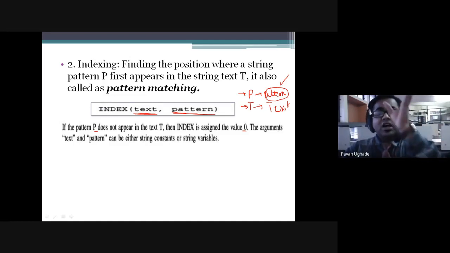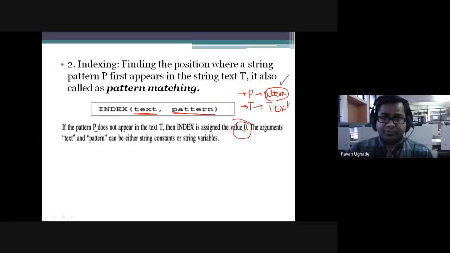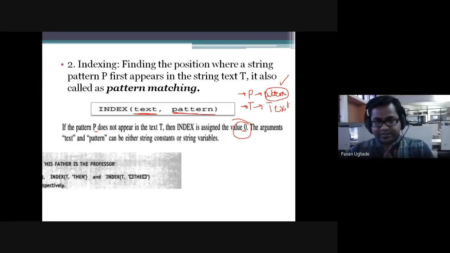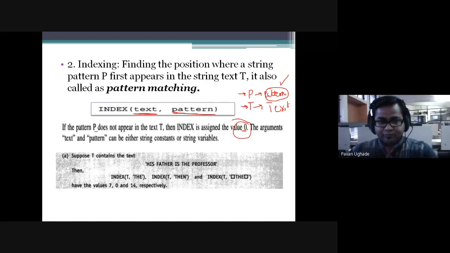If it is not available, it puts the index value equal to 0. That's what we have to understand. For this we are going to write an algorithm and a program too. This is actually your lab term work 1. So please understand today's program as well as the algorithm, so that you can implement it as your laboratory term work 1.